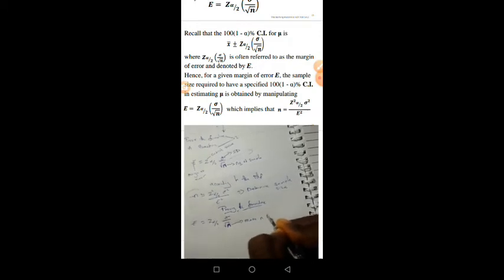Now what we do is make n the subject of the formula, which gives the sample size. The first thing we do is eliminate n from here, then place it on the other side.